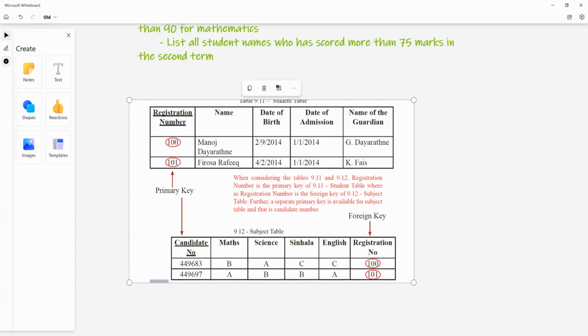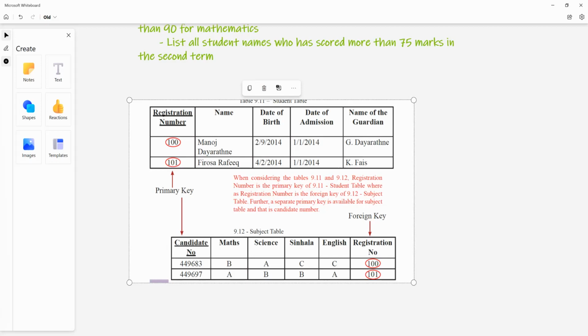Registration number. Okay. So in 9.11, you see the registration number is underlined, which indicates the primary key.